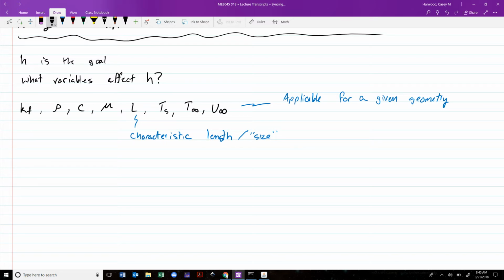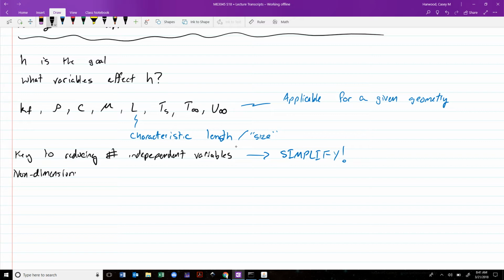How we might reduce the number of parameters and simplify the problem comes from a non-dimensionalization process. So the key to reducing the number of independent parameters or variables, and the motivation here is to simplify the problem, is non-dimensionalization.